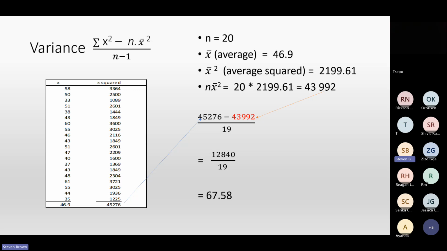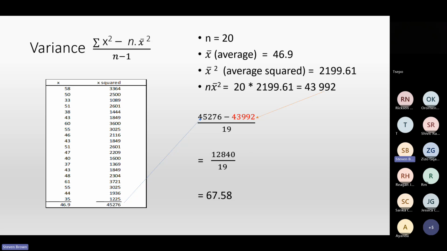In your case, it'll probably be 11. And I get 46.9. So now I'm taking n, which is 20, multiplying it by the square of 46.9, which is 2199.61.